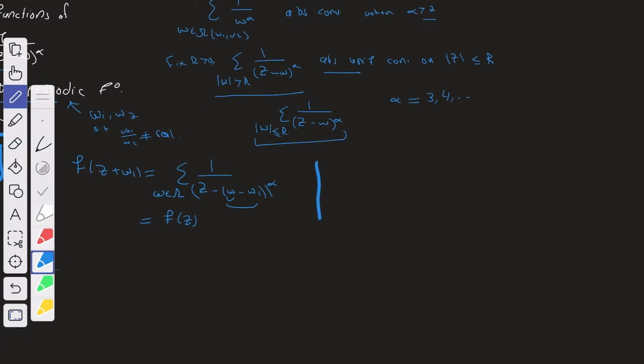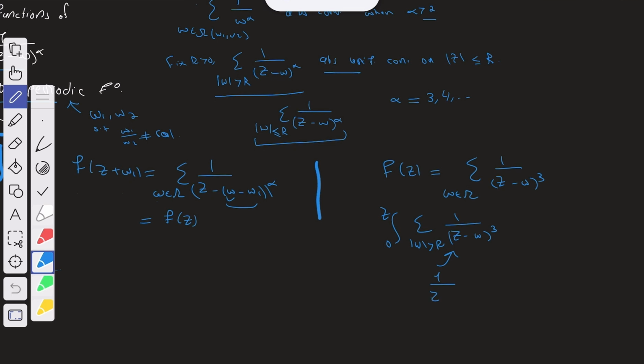So the function f of z equal to the sum of 1 over (z minus omega) cubed is an elliptic function of order 3, and if we take the antiderivative of this, so if we look at the tail of this series, which we know is absolutely uniformly convergent, and we take the antiderivative of this, by the local uniform convergence of this tail, we can interchange the sum and integral, and the antiderivative of the thing inside just takes the form 1 over (z minus omega) squared minus 1 over omega squared.